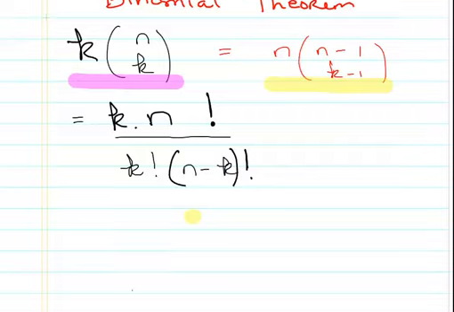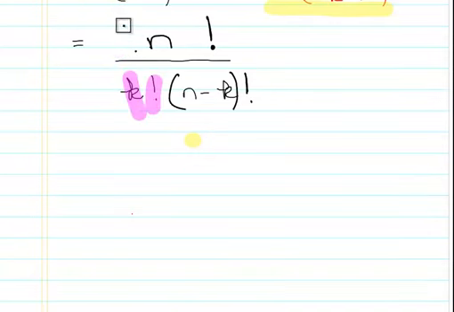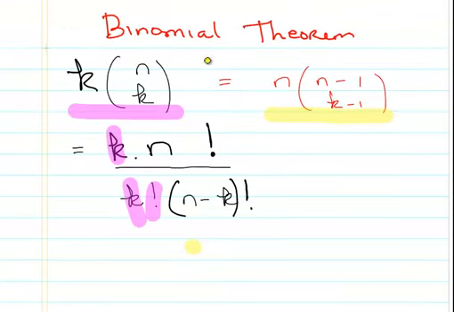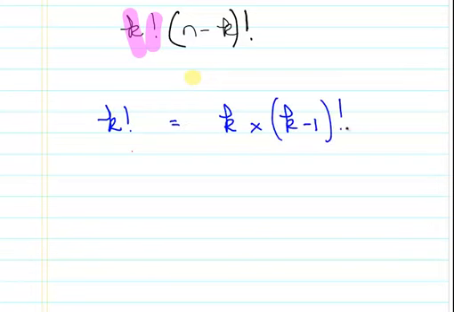What I'm going to do is look at the k and the k factorial, and state that k factorial is k times k minus 1 factorial.